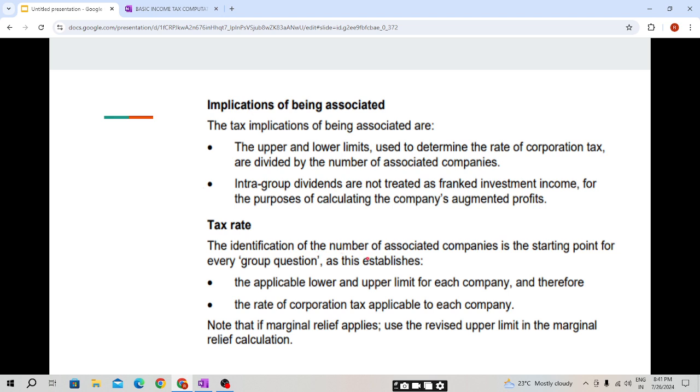The identification of the number of associated companies is the starting point for every group question, as this establishes the applicable lower and upper limit for each company, because we will compare the augmented profit with the upper and lower limit to determine the corporation tax rate, and therefore the rate of corporation tax applicable to each company.